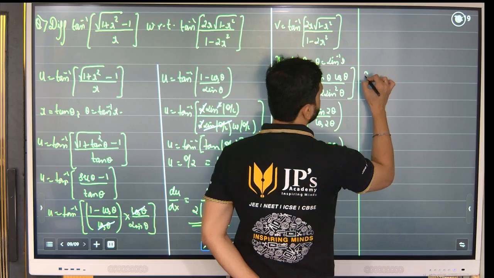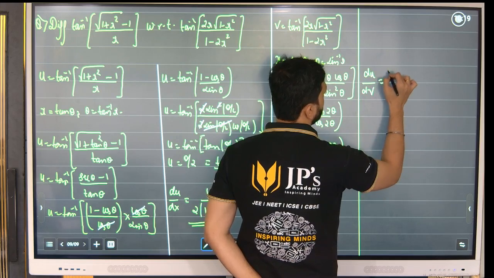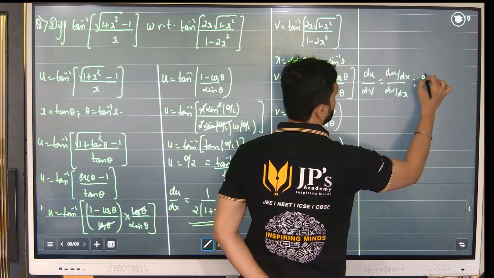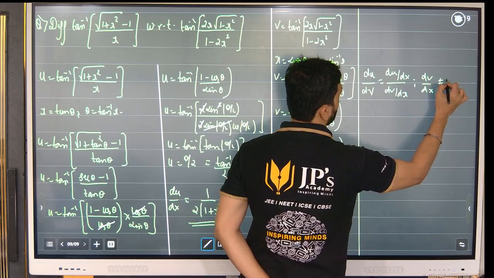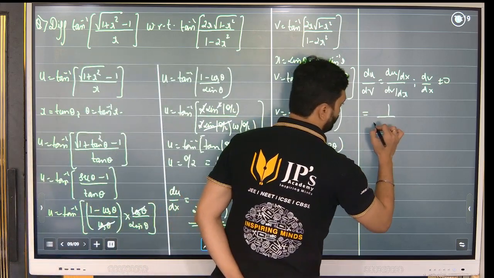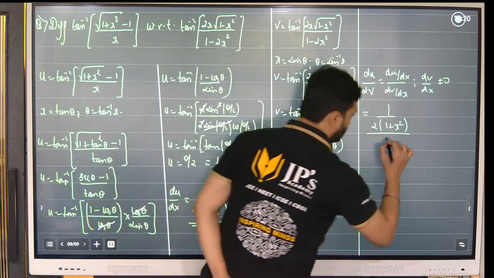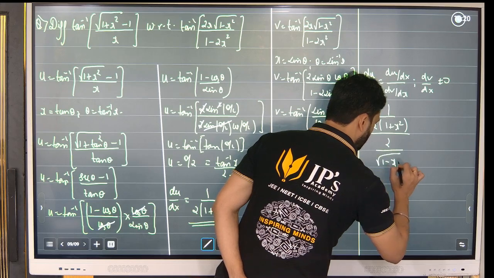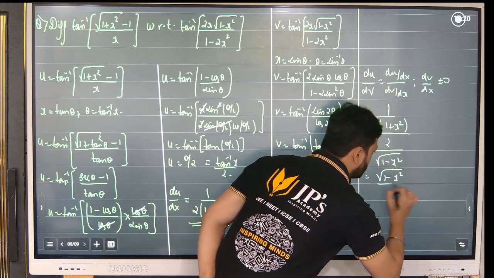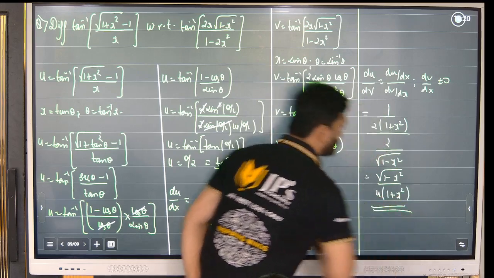So finally, du by dv is equal to du by dx upon dv by dx, where dv by dx is not equal to 0, is equal to 1 upon 2 bracket 1 plus x square, and dv by dx is 2 upon under root of 1 minus x square, which will become root of 1 minus x square upon 4 bracket 1 plus x square.